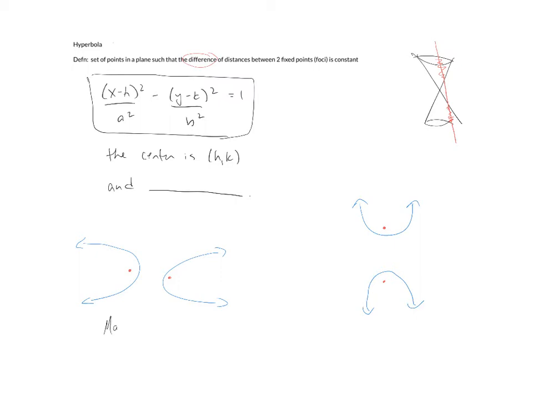So down here, the major axis would be the X, because the foci lie on that horizontal axis. And we would say the minor axis then was the Y. Over here, our major axis would be the Y, and our minor would be the X. So the foci in that picture lie on a vertical axis, so we have a major axis of Y.